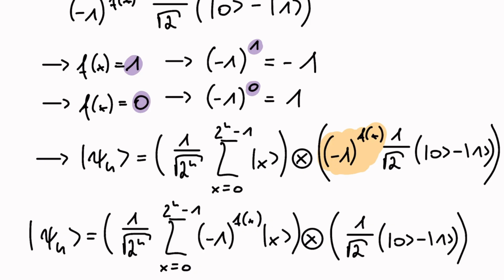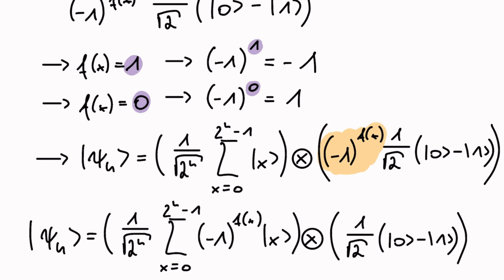Mathematically, we are allowed to move the phase factor into the input part of the state. This is just a reordering of the expression, and it's completely equivalent. So to summarize, the output qubit remains unchanged, but each input state x is now multiplied by a factor of minus 1 if f of x equals 1.